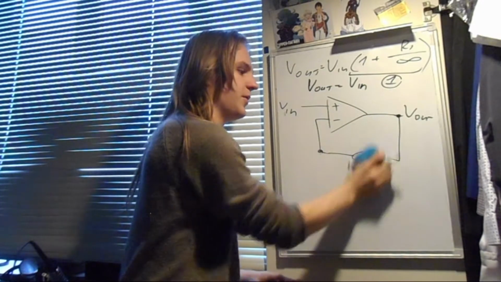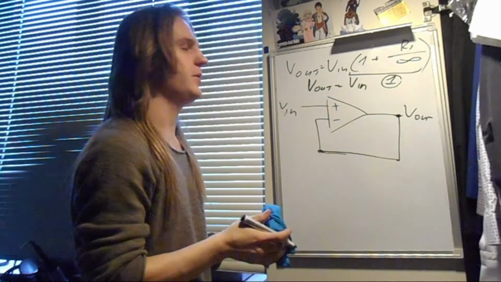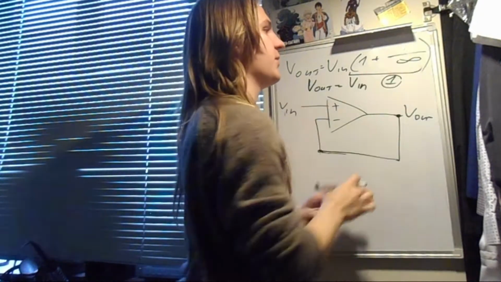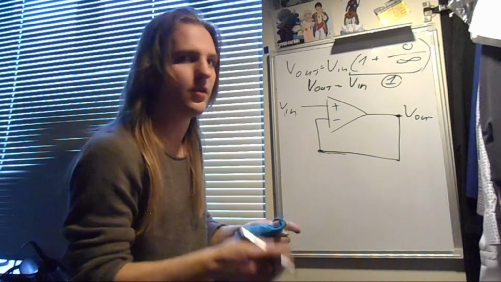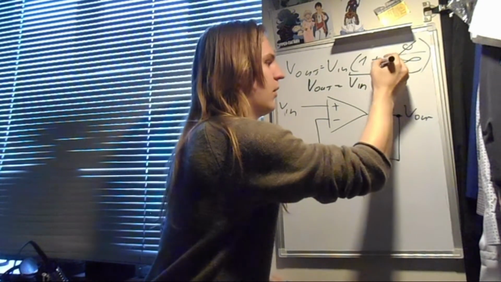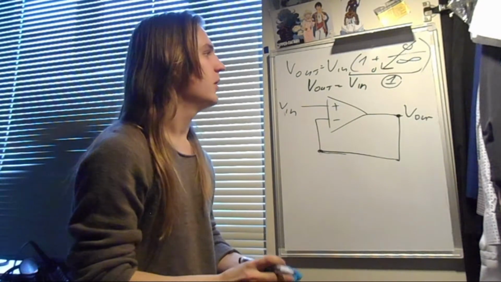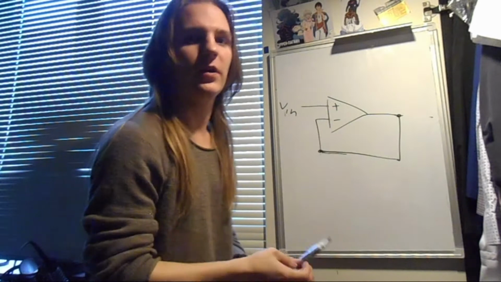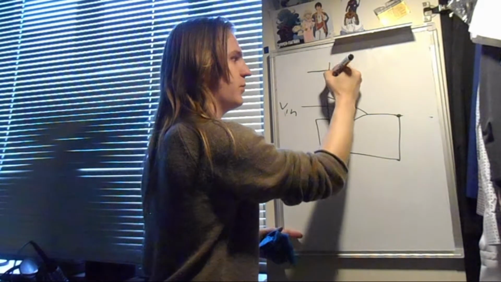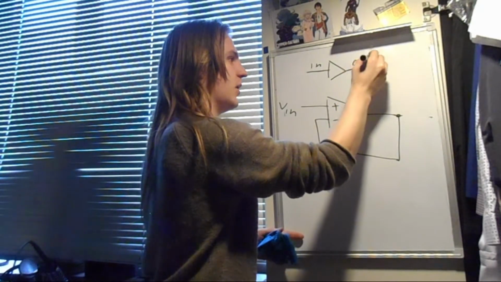We remove our resistor 1 and make it a short circuit, so it's almost 0. 0 divided by infinity gives us 0, which gives us 1 as the amplification coefficient, which gives us V out simply equal to V in. Let's call this thing a buffer. It will be drawn like this. It has input and output.